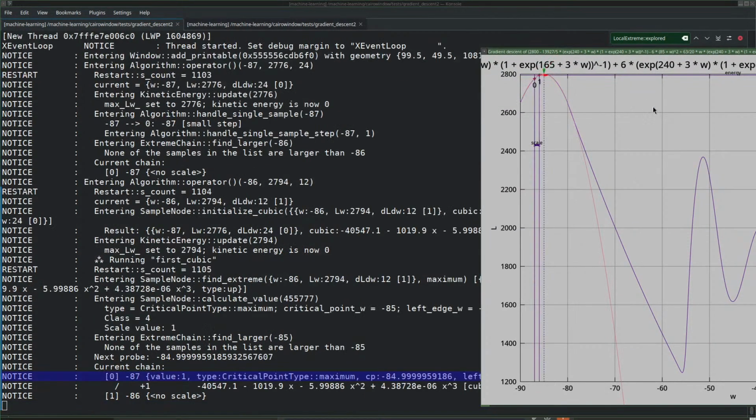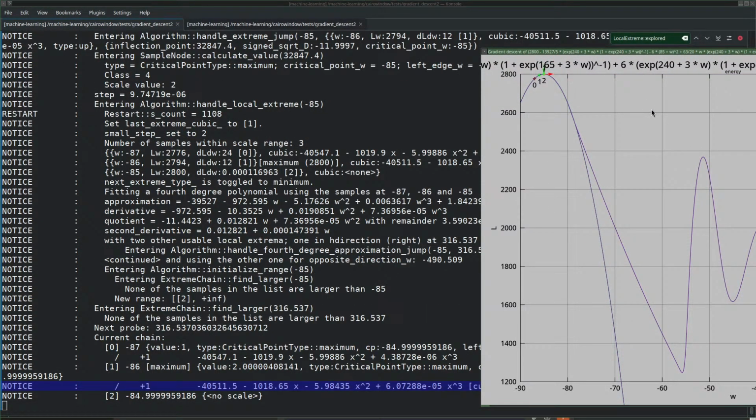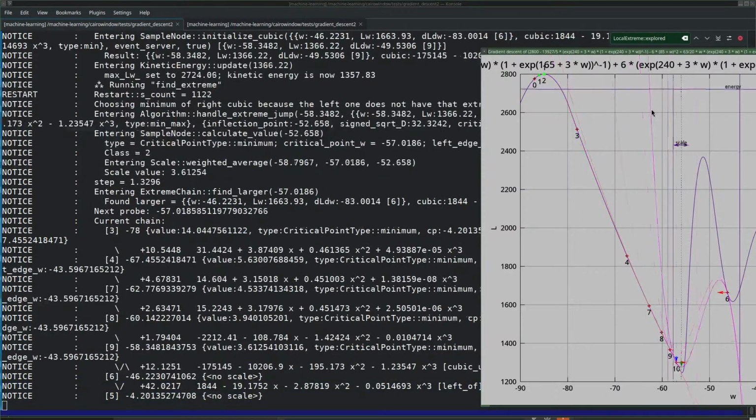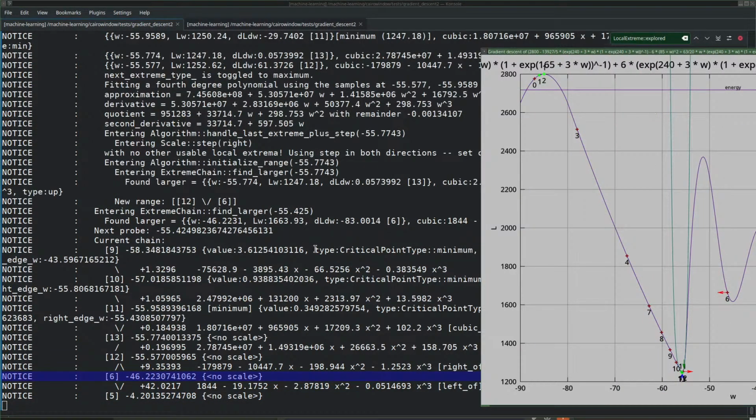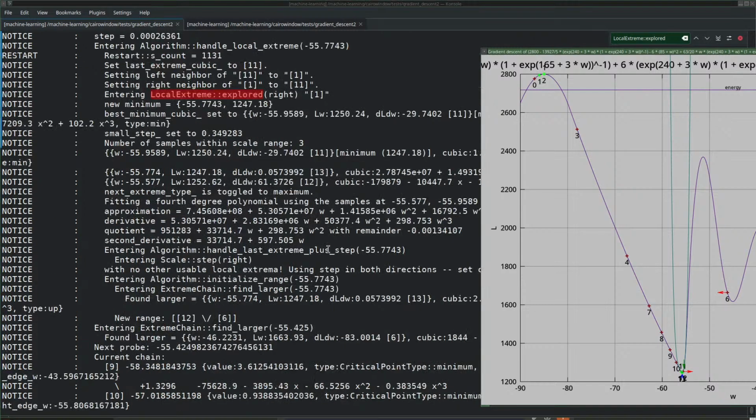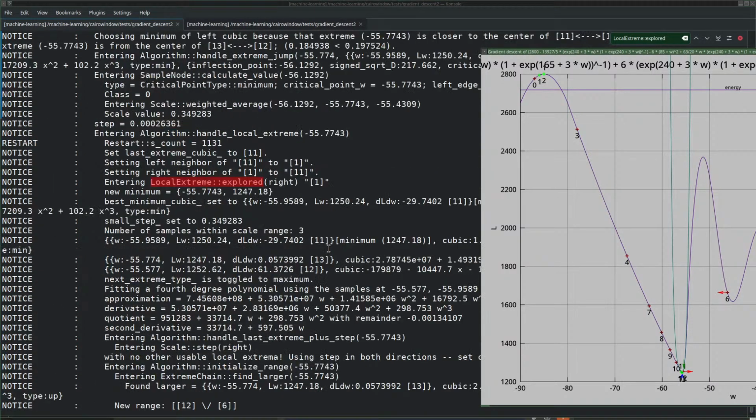Okay, here we go again. Bing. And this time it said, yay, entering explored right 1. So this one is now explored to the right, which is true, because we found the minimum.